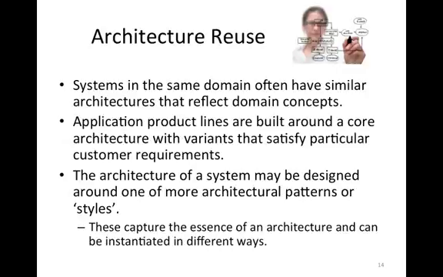So architectures are not always developed from scratch. Systems often have an architecture that lends itself to a specific type of system. So if you have something like a transaction processing system, sort of like a bank, right? I put money in, I take money out. There's lots of little transactions that get sent to a system, like a banking system, insurance systems where you've got lots of claims that get processed.